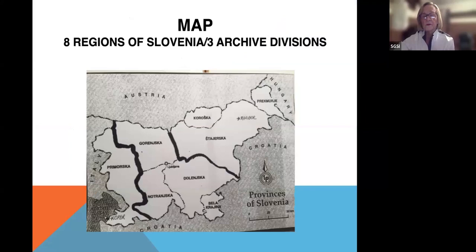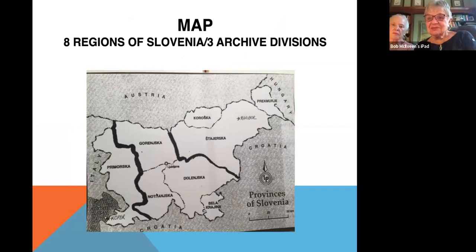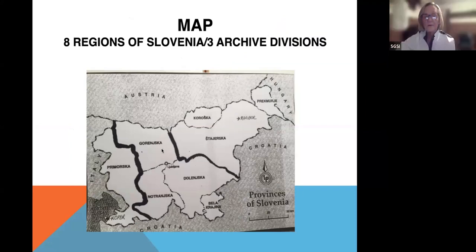For those of you who don't know, Slovenia has 8 regions, and I can tell you that most of you who are coming with us on this trip are going to be from this area down in here, and some in here, and some in here, but mostly you're in what we would call the Ljubljana archive area.